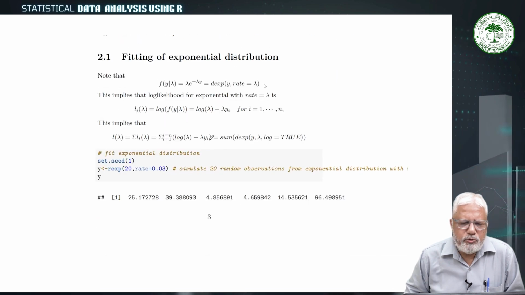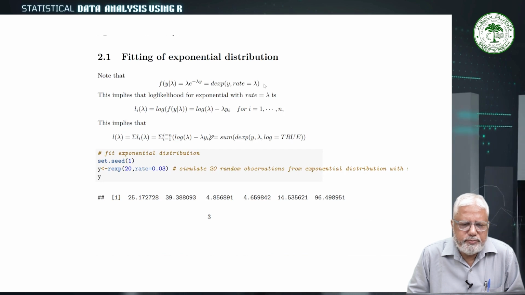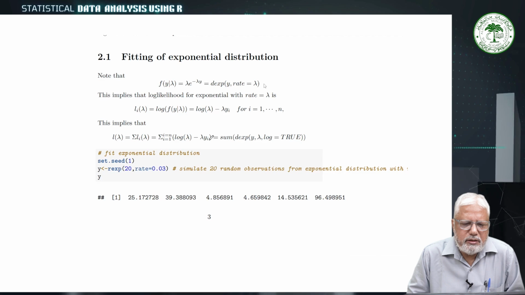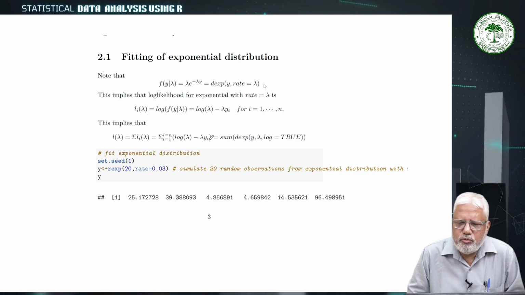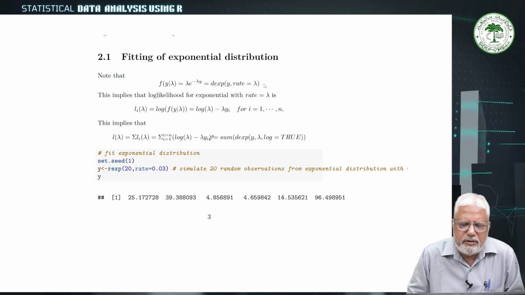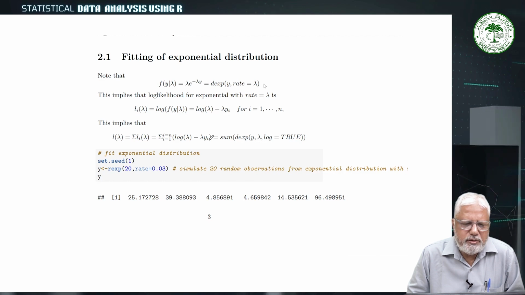Suppose we want to fit an exponential model. Note that here f(y) is equal to lambda times e raised to the power minus lambda y. That is nothing but dexp(y, rate = lambda).